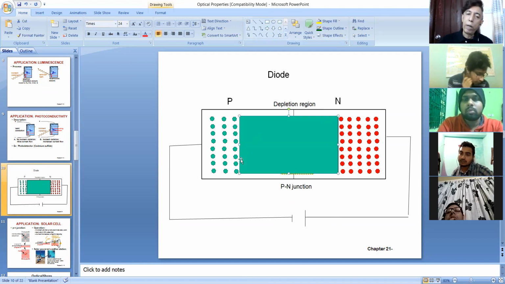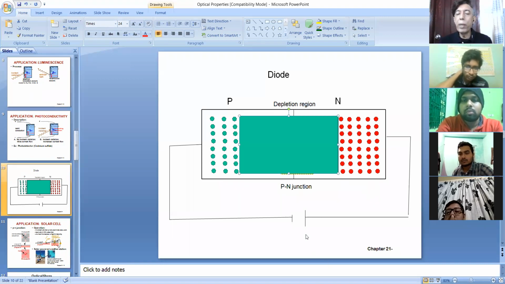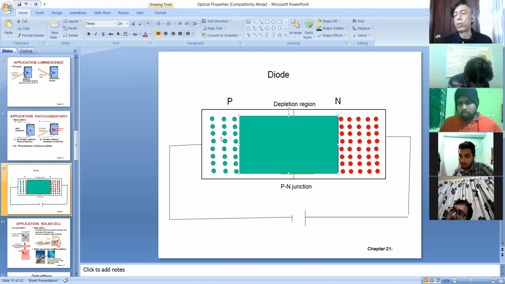Now, how large? It will depend on the battery. If the strength of the battery is higher, then the largeness of the depletion region becomes higher.